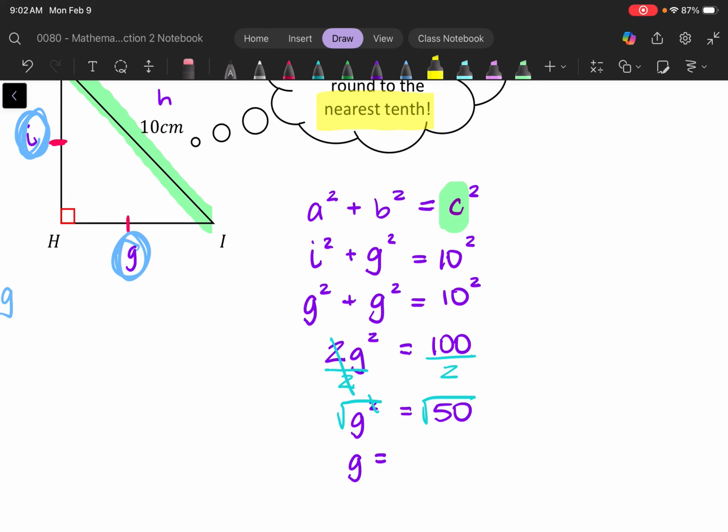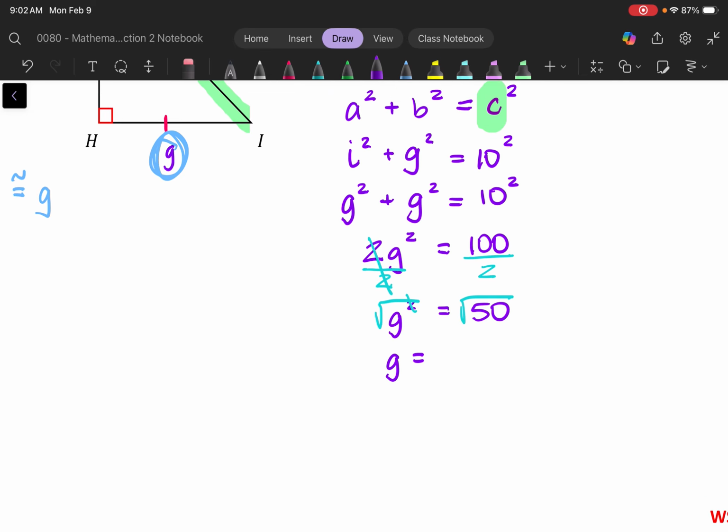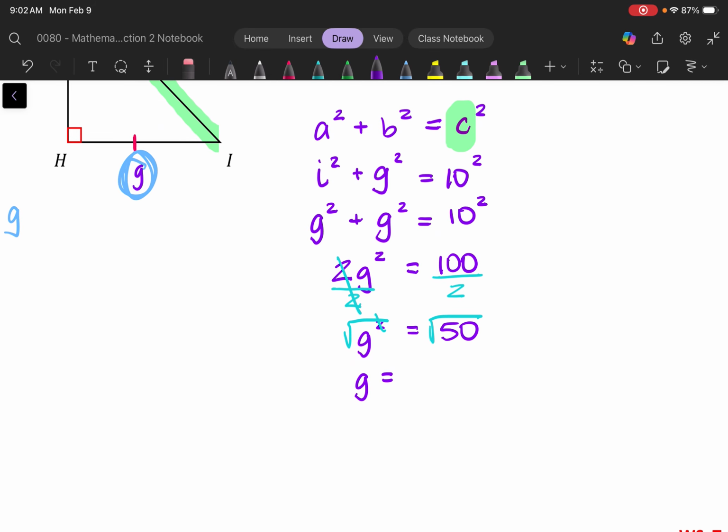This question says to round my answer to the nearest tenth, because if we remember from unit 1, the square root of any non-perfect square number will be irrational, which means its decimal will never end and it won't repeat. My calculator will stop showing numbers after, let's say, 7 or 8 decimal places, but that's only because the calculator runs out of room. The square root of 50 is irrational, but we're going to round it to the nearest tenth.